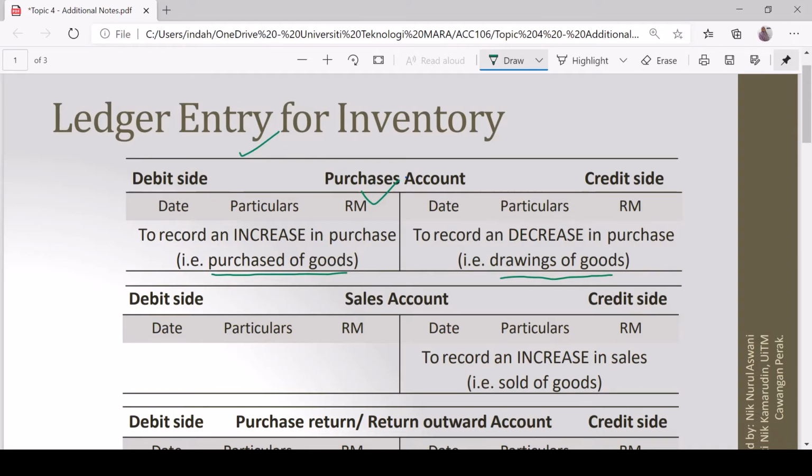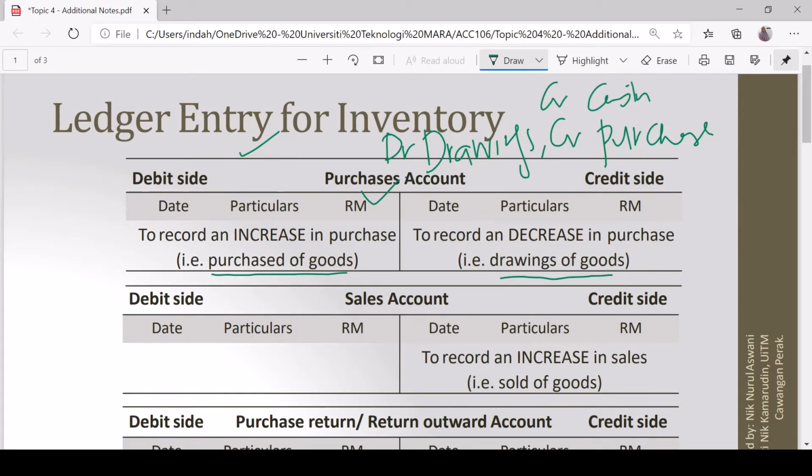So for drawings, we record a decrease in equity, and a decrease in equity, you debit. Which equity account to be debited? Drawings. You debit drawings, and then you credit. If the owner took goods, then it will reduce your purchase. So purchase is an expense, and you credit purchase. If the owner took cash, then you credit the cash account.